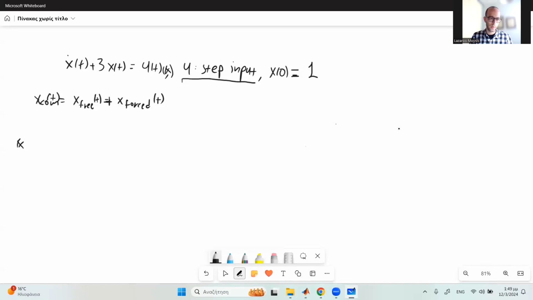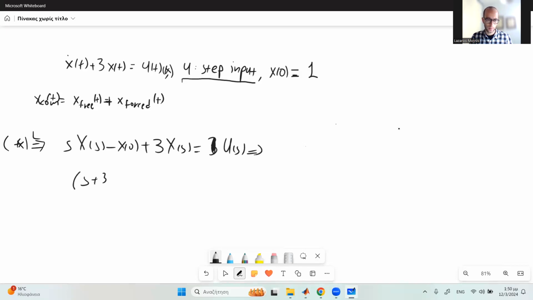And you can actually see that very easily if you apply the Laplace transform here, you will obtain this s of x of s minus x0 plus 3 times x of s equals u of s. And now let's factor together the terms. This is equal to 1, so it's 1 plus u of s.